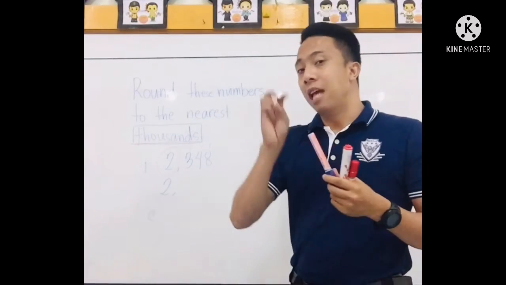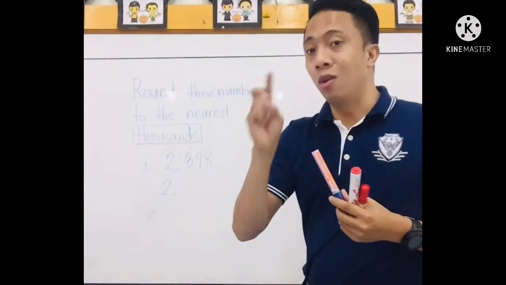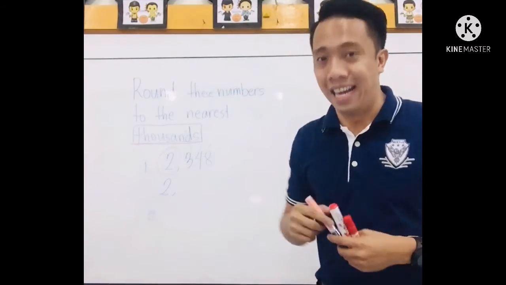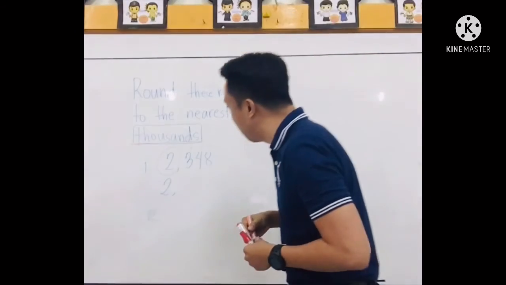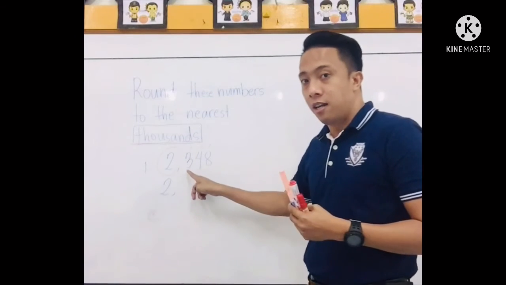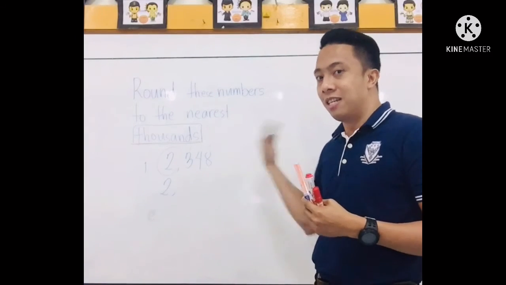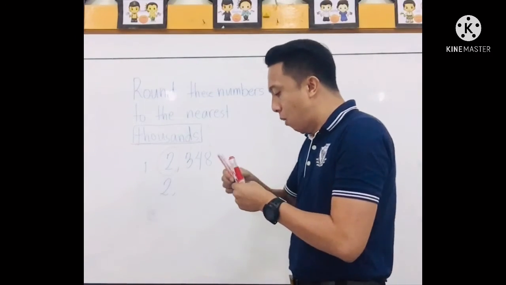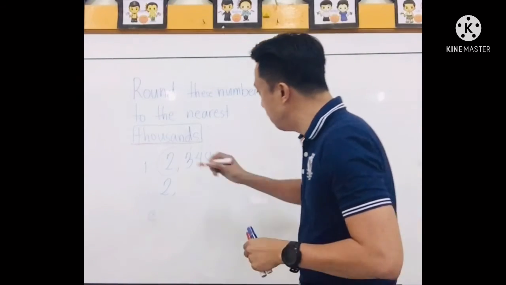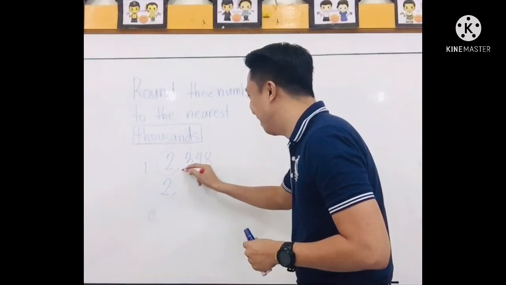Now, our second reminder is we need to identify the number on its right side. Where's the right side of 2? Yes, on this side. That number is 3.